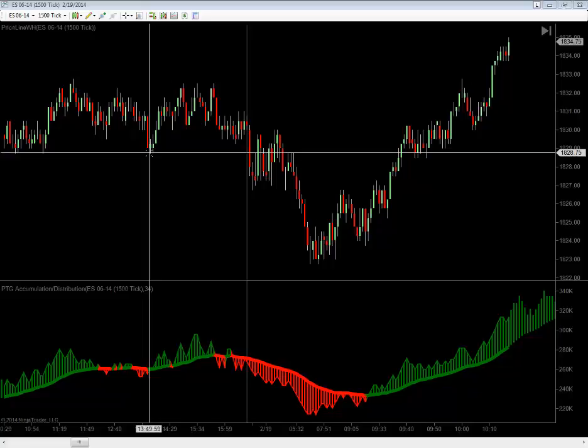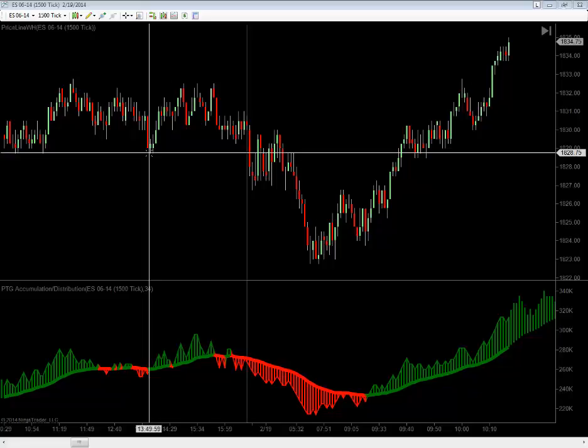There are instances where prices are moving up and the cumulative net delta accumulation is not keeping pace, so that's starting to give some warning signs in terms of the amount of fuel being able to push price higher getting less and less on balance. And also the slope of the indicator is important.